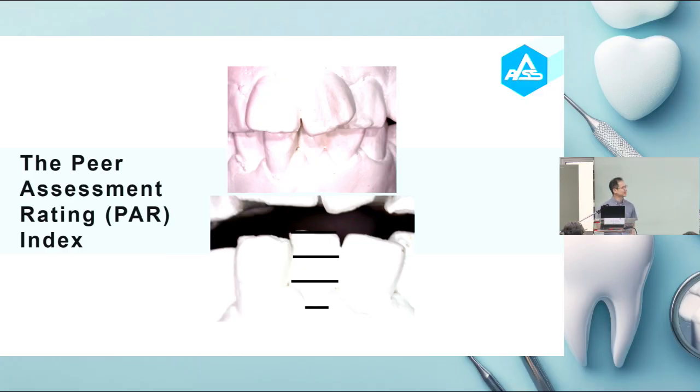However, in the PAR index, overbite is recorded in relationship to the coverage of the lower incisor, and the reference is the labial surface of the lower incisor. The teeth with the greatest overlap is recorded.